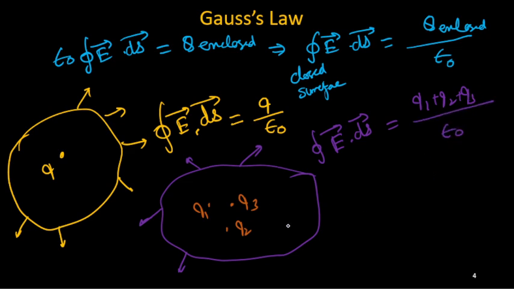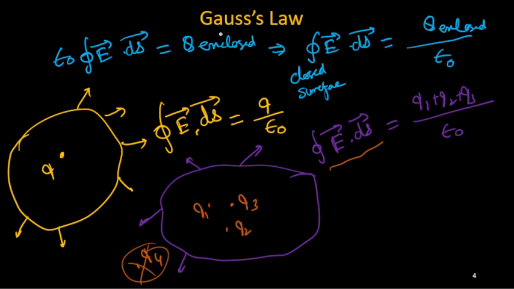Remember that if you have any other charge outside, suppose I have one charge q4 here, it will not interfere. This integral value will not depend on q4. It is outside. Whatever charges are inside the surface, that will be the charge enclosed upon epsilon naught. Be very careful here.